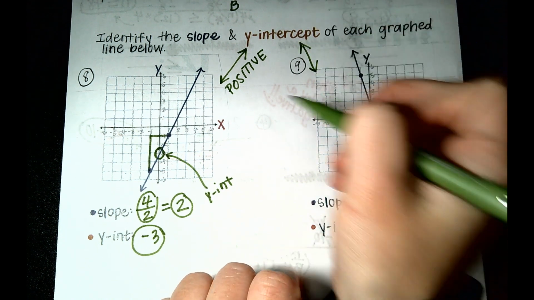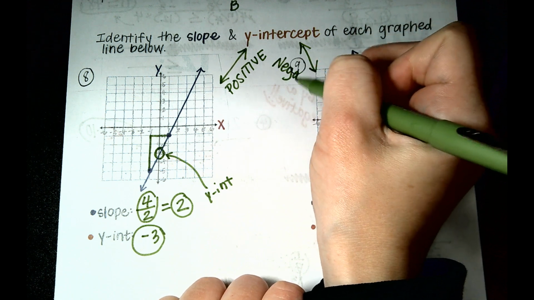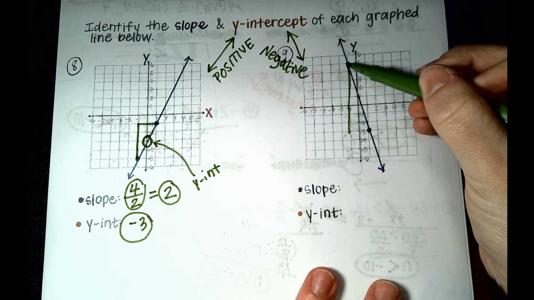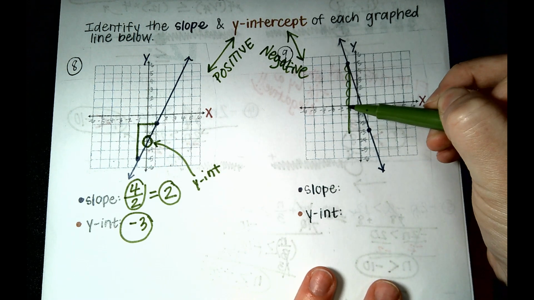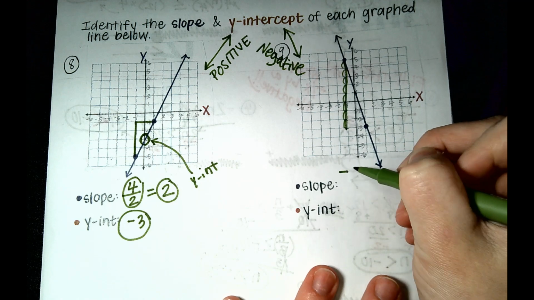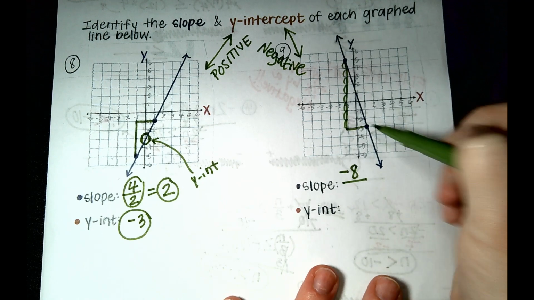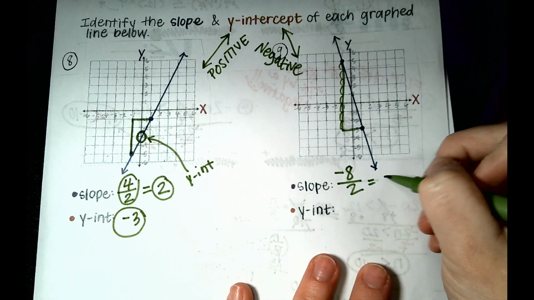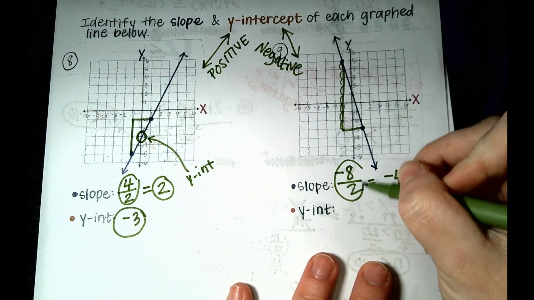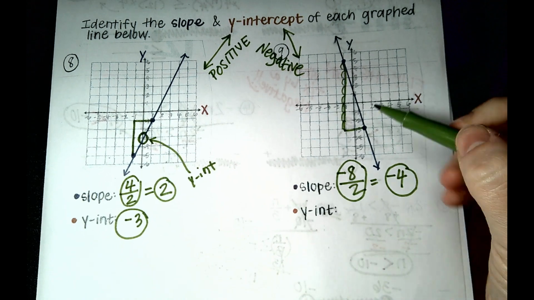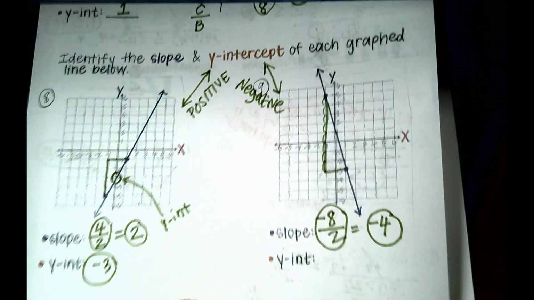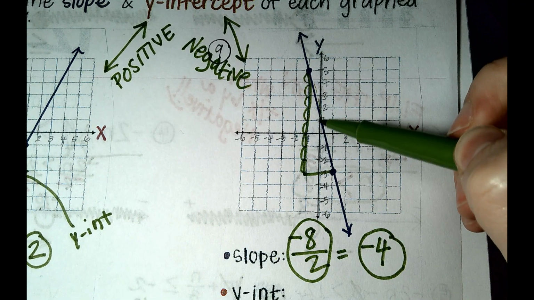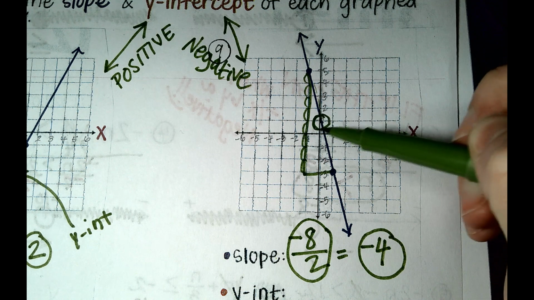It's because it's tilting down. Let's count. We are going down 1, 2, 3, 4, 5, 6, 7, 8. Yep, -8 because we went down 8 over 2. Good. -8 over 2, what does that equal? -4. Both are correct. Yes, your y-intercept. 1. We can see this is where I touch the y-axis at 1.